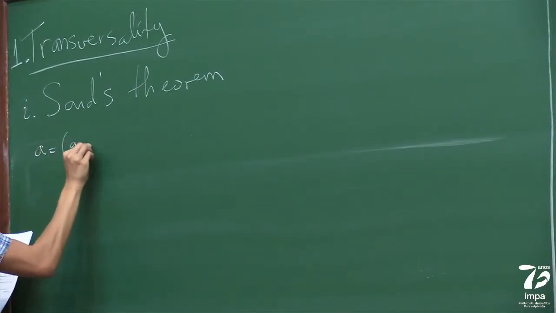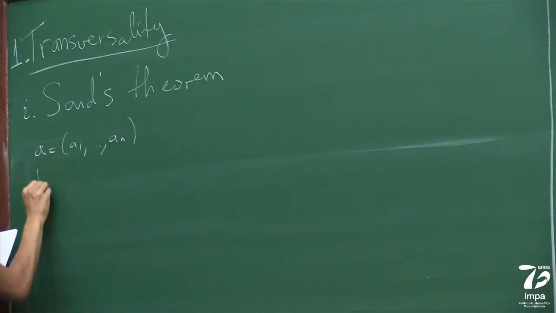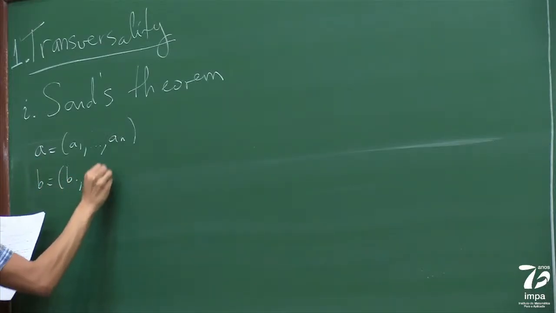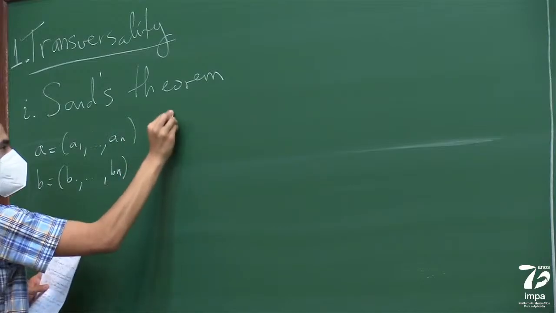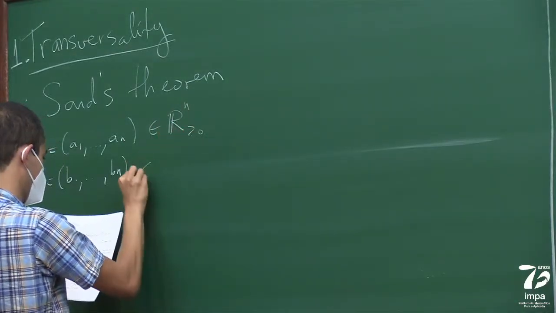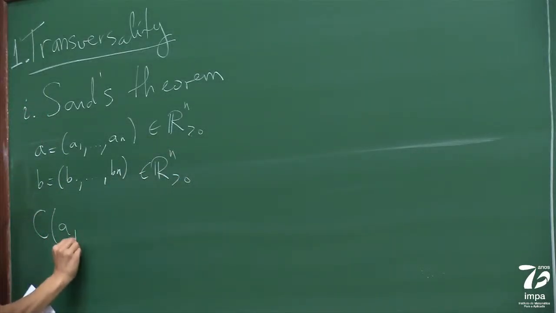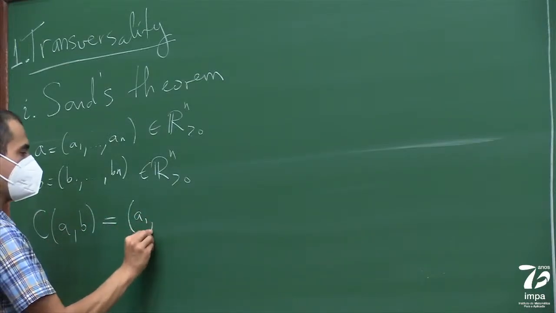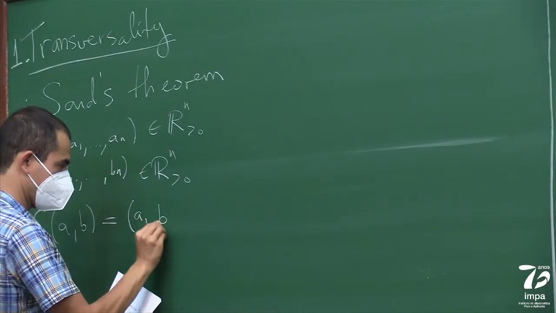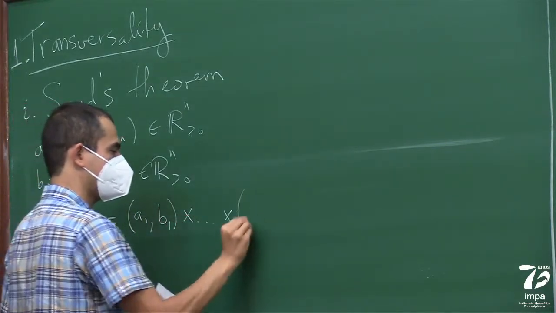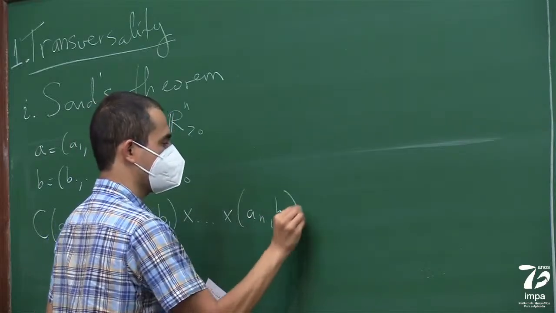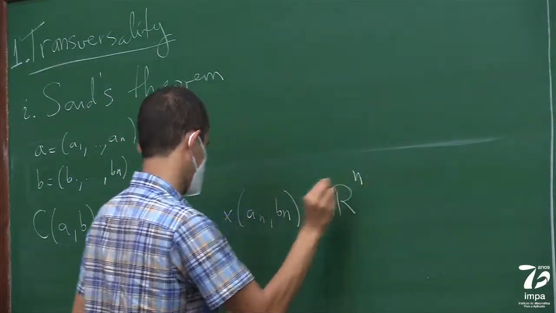Let's just write it like this. If I have two vectors, A and B, all positive, so this is in Rn greater than 0, I can define what's called a cube, or to be more precise, it should be a parallelogram in higher dimensions. But this is just going to be the product of the intervals (A1, B1) times, etc., times (An, Bn). So this is inside of Rn.